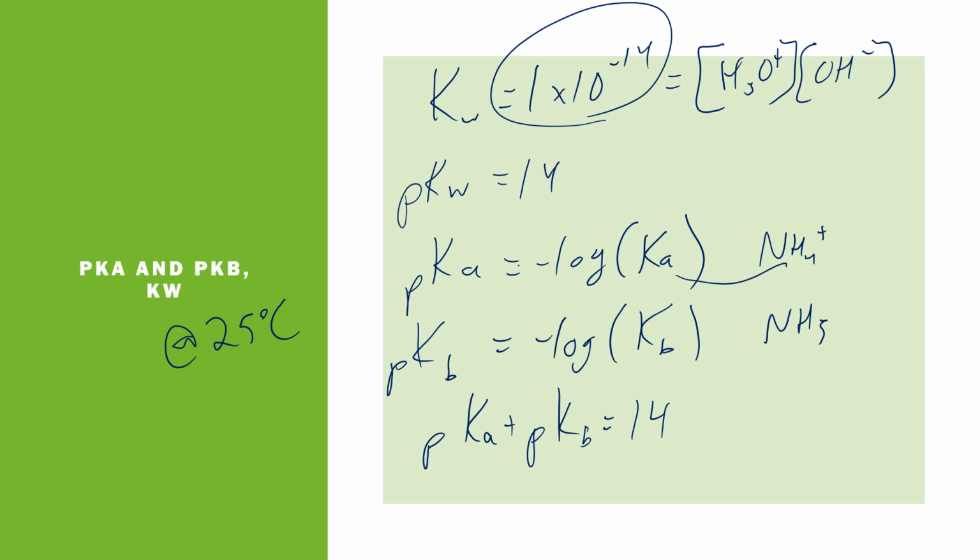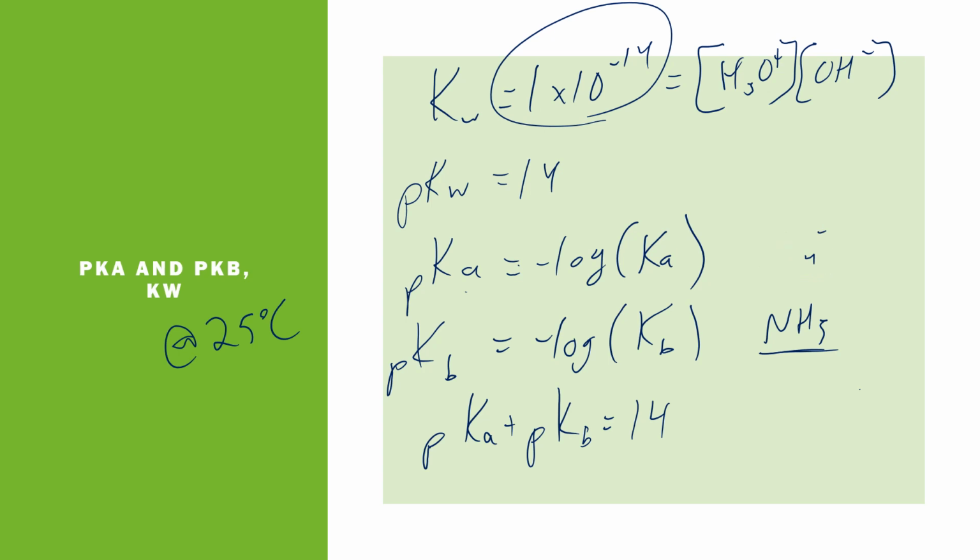Then you can solve for the pKa, find the pKb, and go backwards to get the Kb for your NH3, or vice versa. But it has to be for conjugate pairs. They have one hydrogen difference and one charge difference. So that's how we can go back and forth between them.